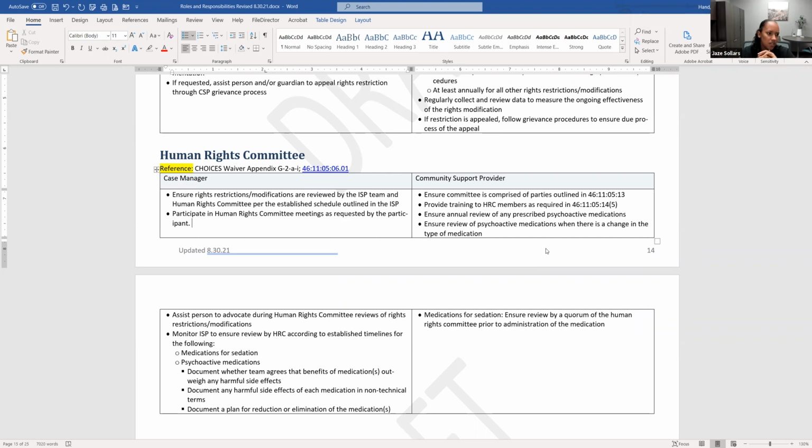And so the case manager is definitely going to have and should have been involved in the conversations prior to it going to HRC, because that's a team discussion. Well, we've revised this document, and we've always had the case manager and the guardian approve, so we'll have those signatures already.